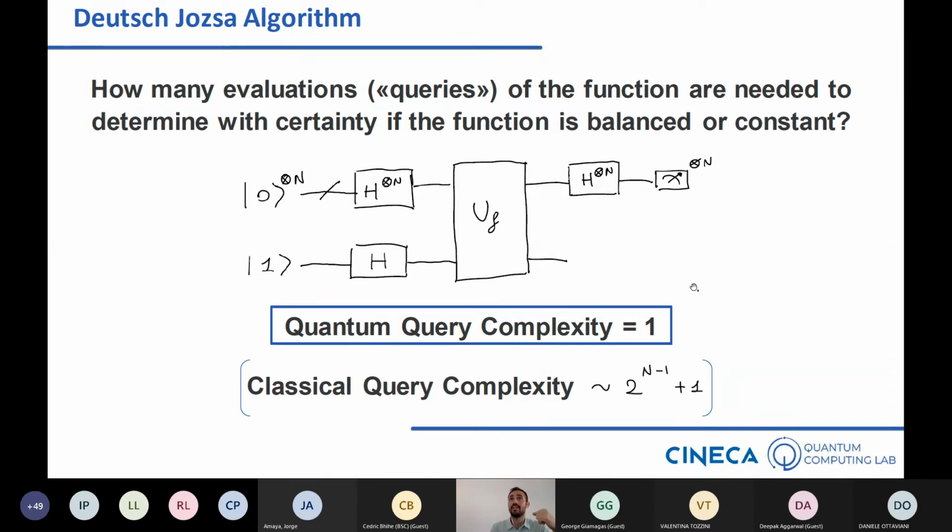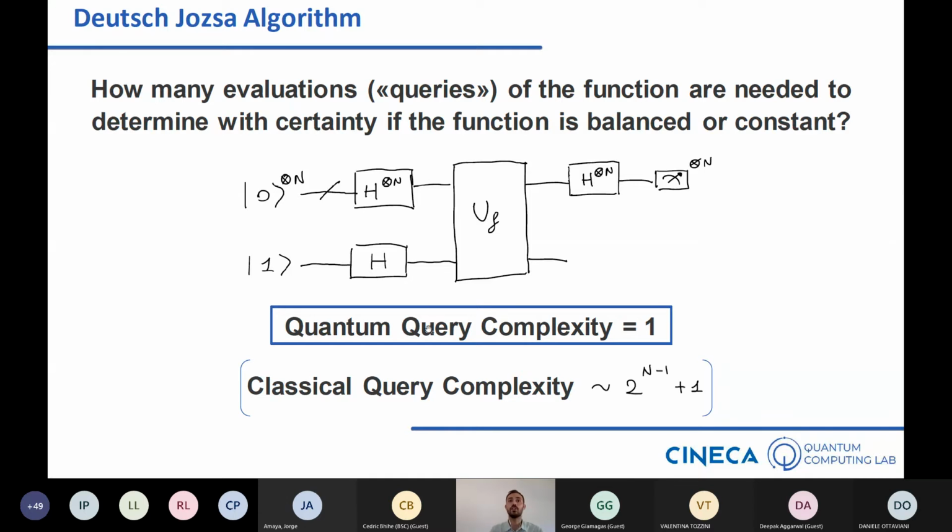If I measure instead and get at least one 1 in the bit string in output, I'm sure that the function is balanced. So the way I do it is I run the circuit just one time.